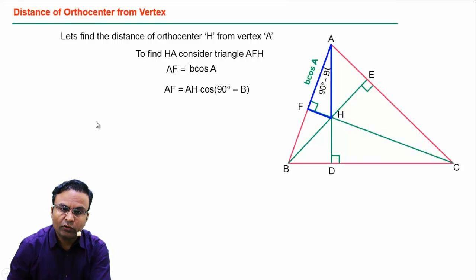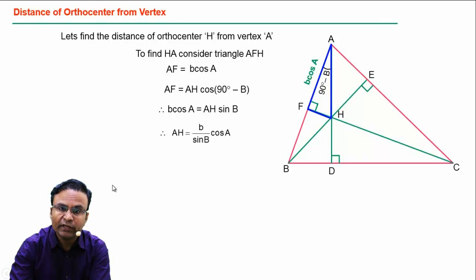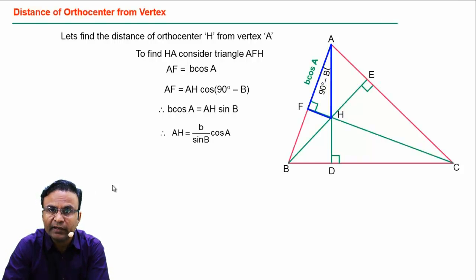Now we put the value of AF, which is b cos A, and cos(90 minus B) is sin B. So AH is equal to b upon sin B multiplied by cos A.